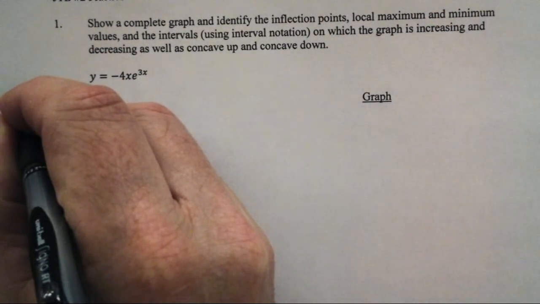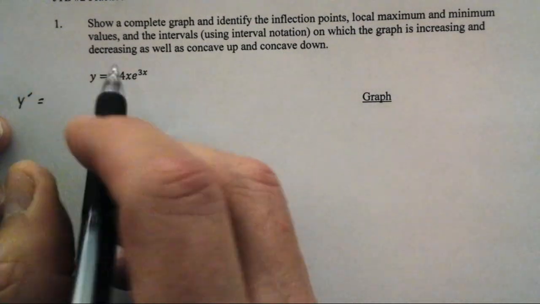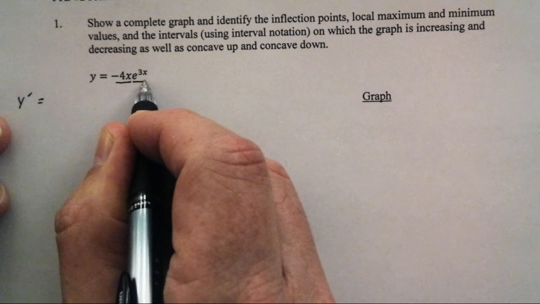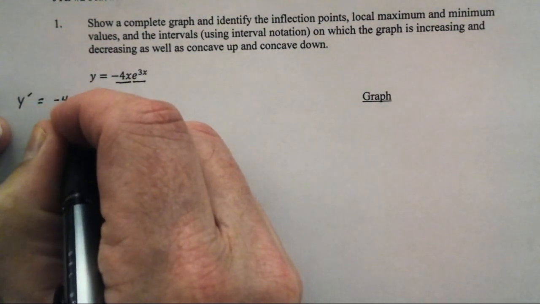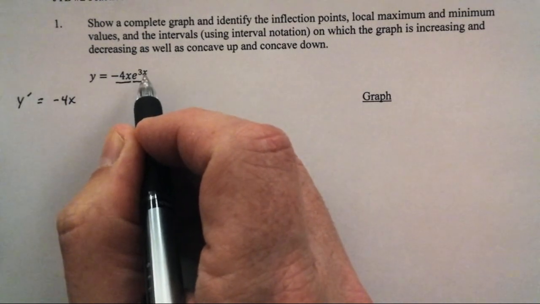So first derivative, I have a product rule. I have this function of x times this function of x. So I want the first function as it exists, negative 4x, times the derivative of this function, which is a chain rule involving e.